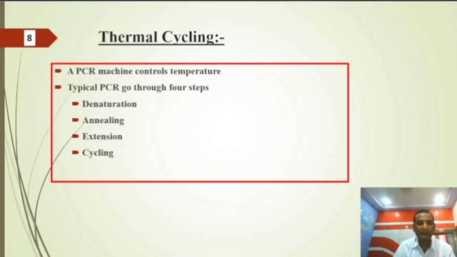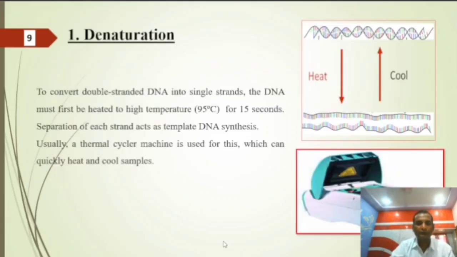A typical PCR goes through four steps. There are four steps in polymerase chain reaction. Number one is denaturation. Number two, annealing. Number three, extension. Number four, cycling. These four steps are essential to produce more copies.